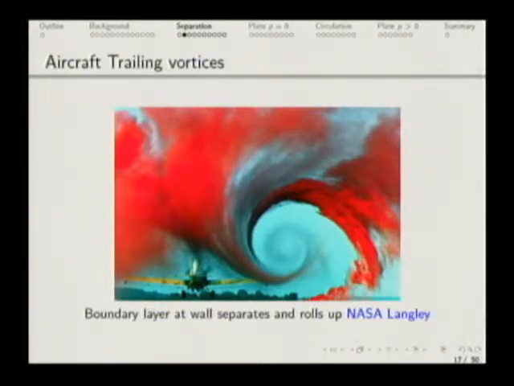So this is that trailing vortex that you see when you look up at the sky and you see two trailing vortices behind the plane. That's visualized over here near the ground. And what we do see in the sky is, you have a vortex over here, and your velocity is very large in the middle.